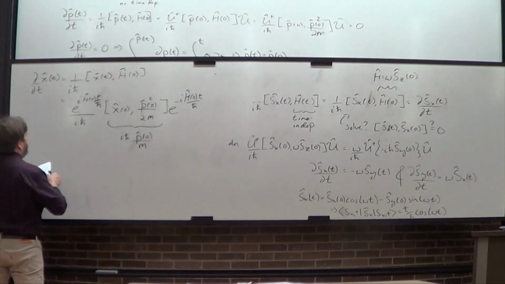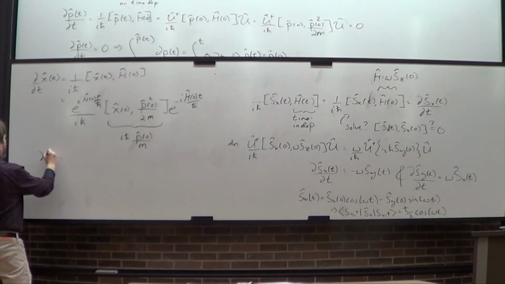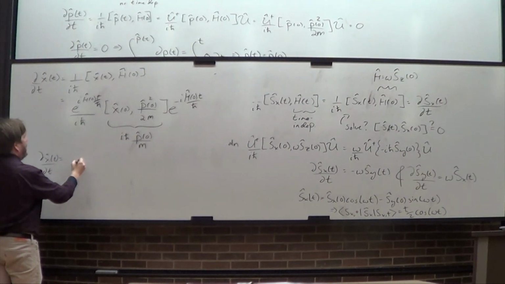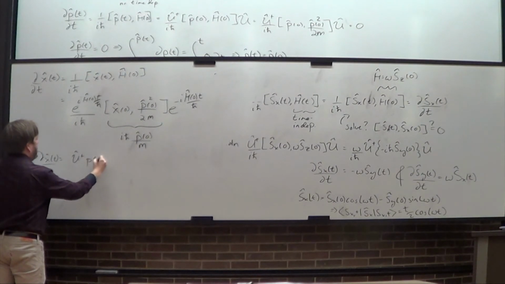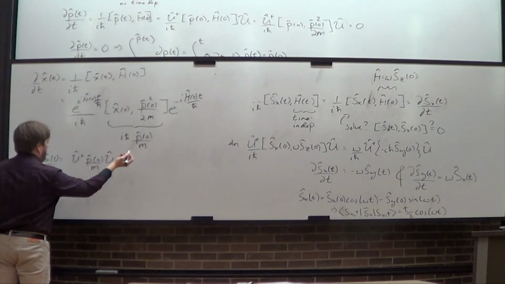Okay, now if that's the case, then you've got, and I'm actually going to do this twice, but let me just power through this. What you've got is the unitary operator. Look at that. You know what that is?